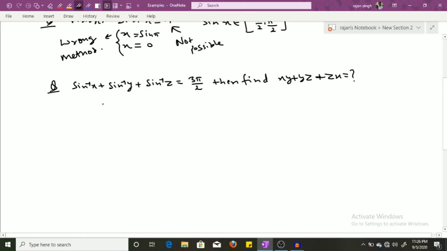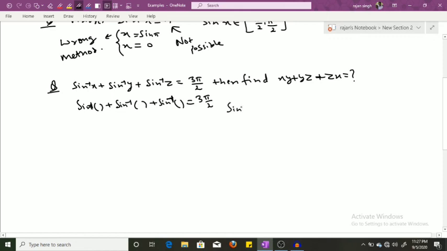See, what is the question given? Three sine inverses are added, and the answer is 3 times pi by 2. So you have to think: is it possible to get 3 pi by 2 if you add 3 sine inverses?